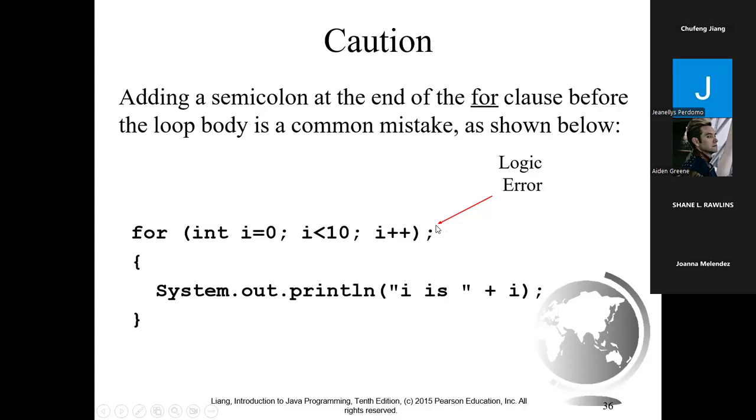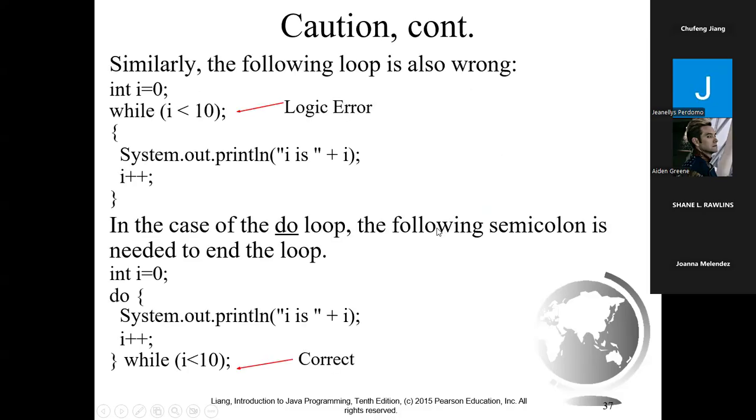They should be concatenated together. And same thing for the while loop. While something is true, and then we write the curly braces immediately rather than write a semicolon there.